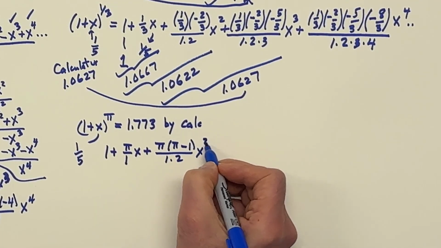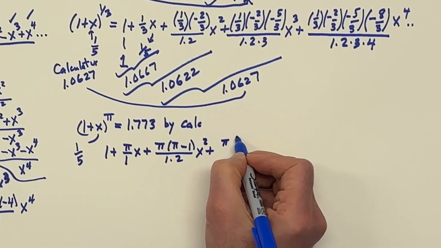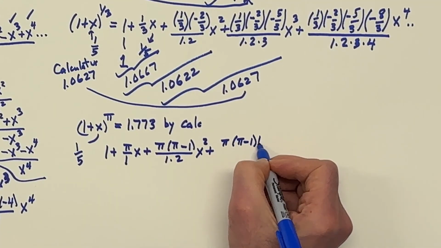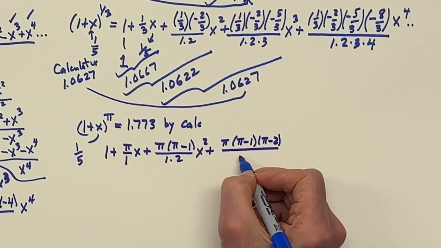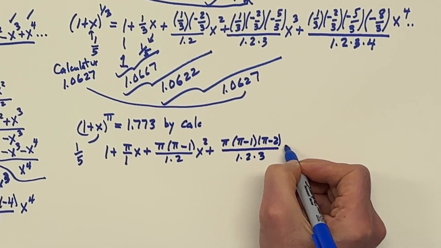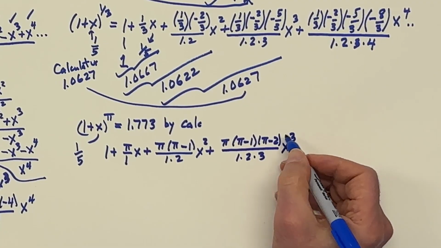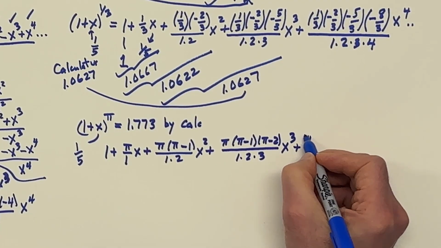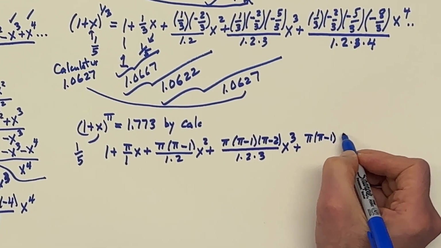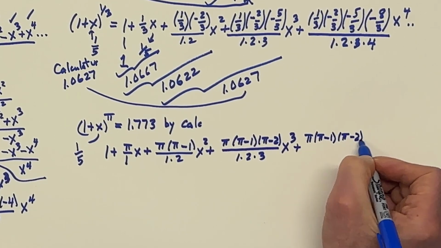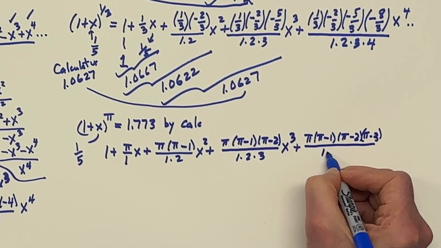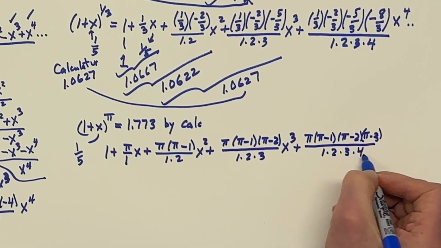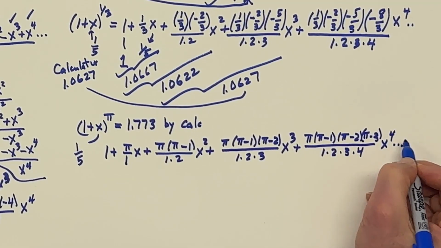That's x squared. Then I would have pi minus 1, pi minus 2. Notice I avoid any factorials here. Isn't that nice? X cubed. And then here, pi minus 1, pi minus 2, pi minus 3. That's 4 of them. And 1 times 2 times 3 times 4, x to the 4th.